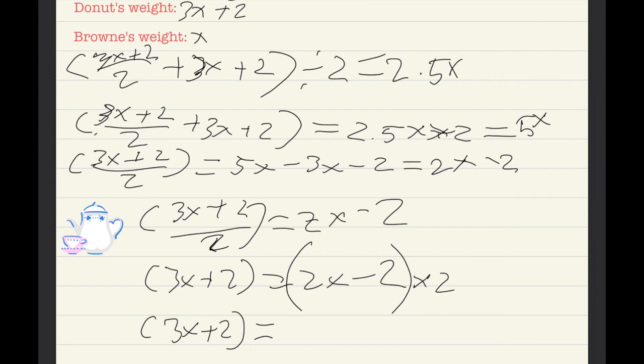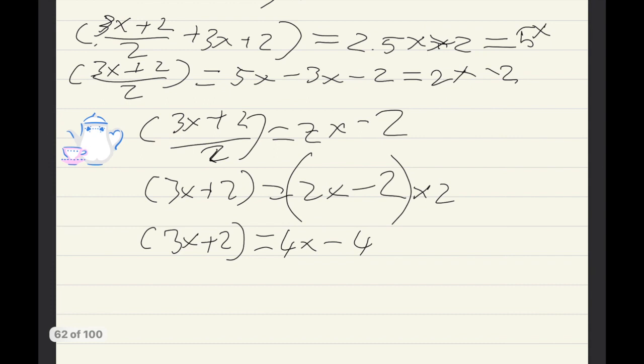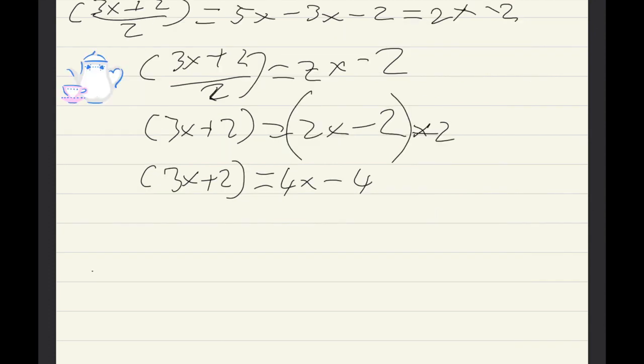Then 2x times 2 equals 4x. Then 2 times 2 equals 4. So it's like that. This little sign means times, because x and times look the same. 4x minus 4. So now we have to do a little moving around again. 2 equals 4x minus 3x.